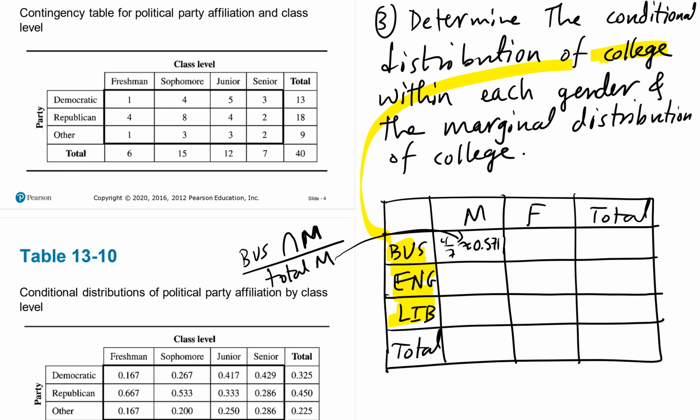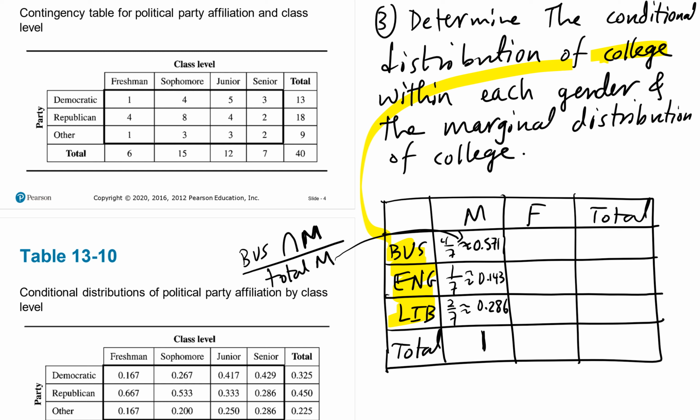How many in the engineering? It's 1 in the engineering and male, 7: 0.143. The next one, how many here? 2 out of 7. That's 0.286. And if you add them up, you get 1.